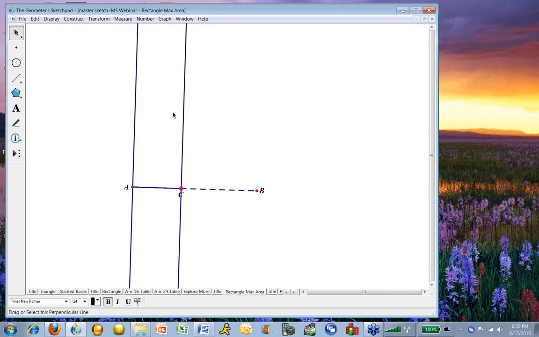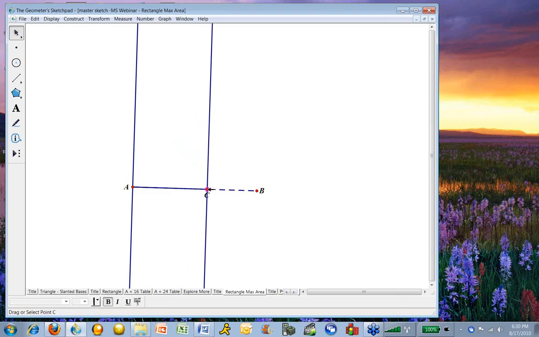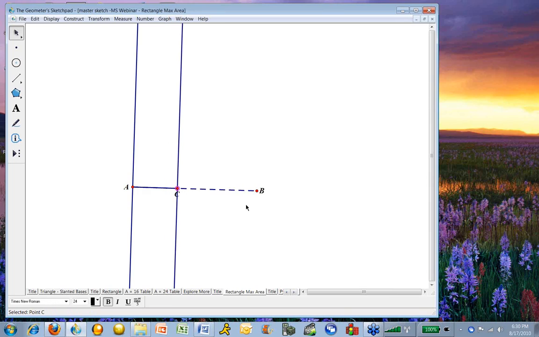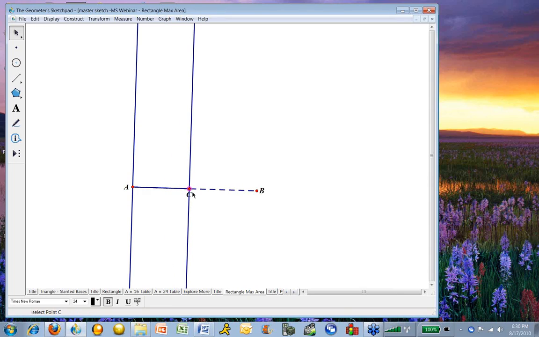So now I want to add in my other point up here, but I'm going to do this very specifically. I want to control the size of my perimeter, so I'm going to use the next part with circles. I'm going to create a circle because I know a circle has a controlled length, which is a radius, and I know all radii in a circle are congruent, so I'm going to use that knowledge to help me with the next component.